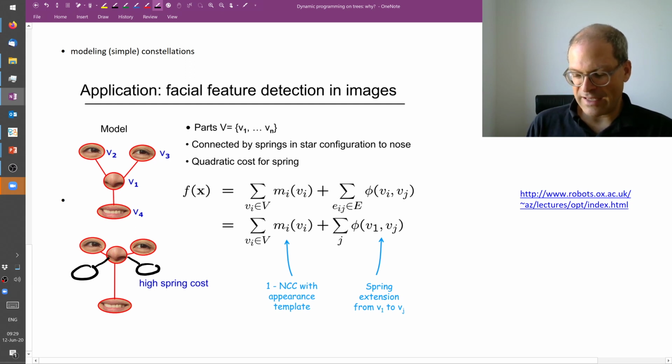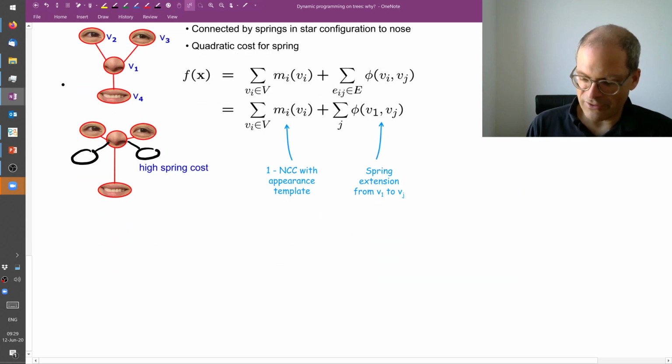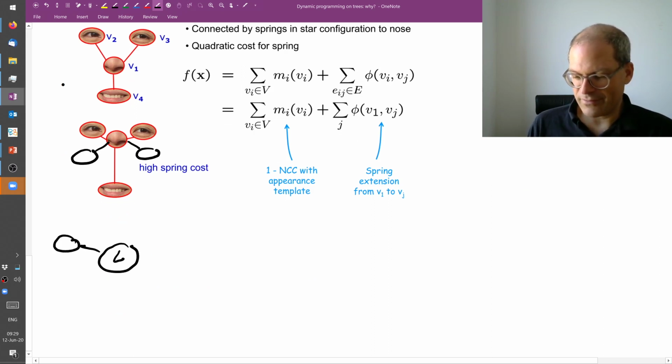The only thing that it can understand is that the distances are about right. So to talk about the limitations here, if we just talk about distances, then it would not even be able to figure out or complain if the left and the right eye are found in the same position.